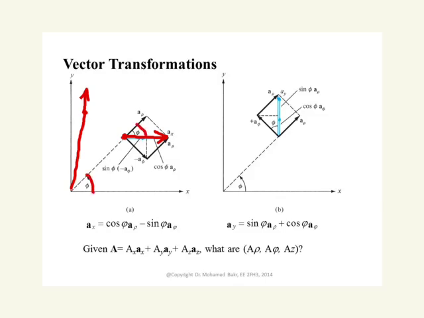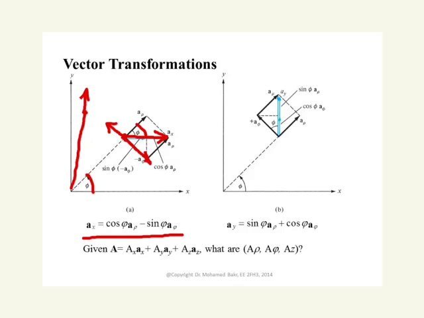Then ax can be projected into two parts: cosine phi in the direction of a rho, notice this angle here, and sine phi in this direction here, which I'm going to draw in red. But this direction is not the direction of phi, it is the direction of minus a phi, because a phi points in the direction of increase of phi. So this is a phi, so minus a phi. So ax can in general be written as cosine phi a rho minus sine phi a phi.